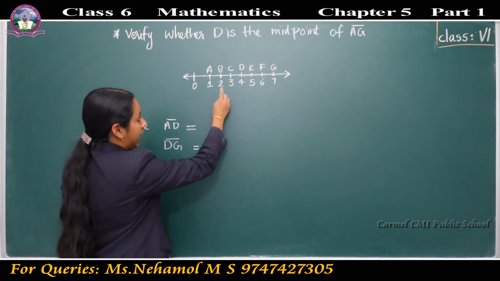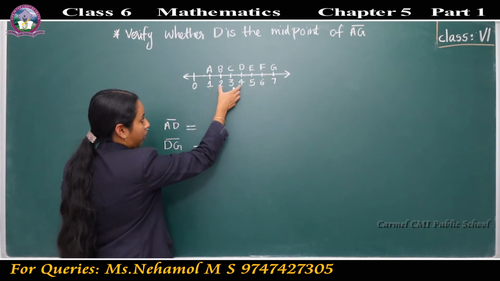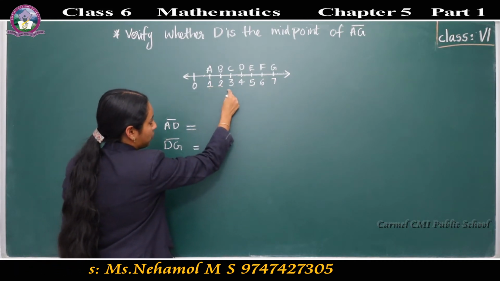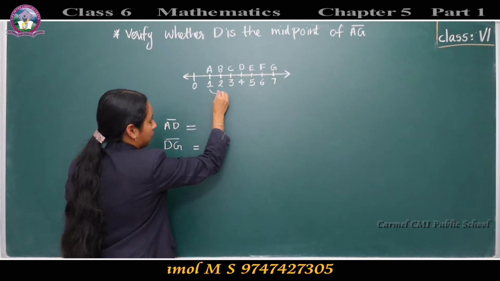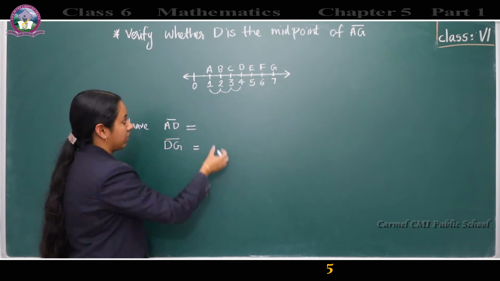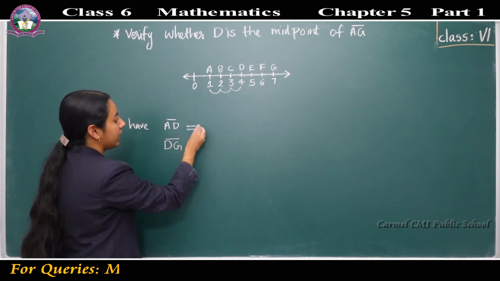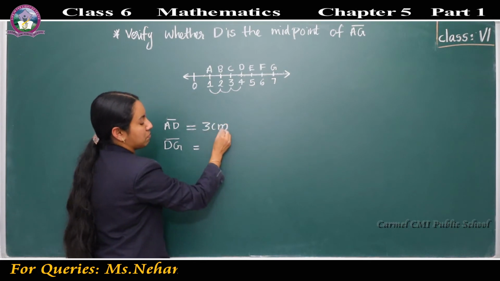We know that AD is equal to 1, 2, 3. 3 centimeter. 1 unit, 2 unit, 3 unit. So AD is equal to 3 centimeter.